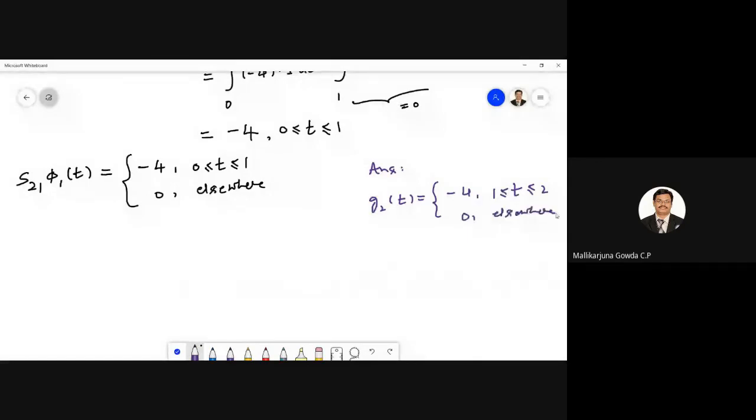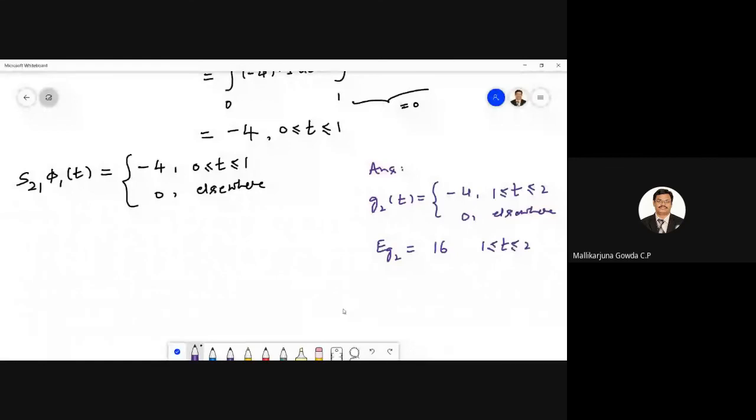Once you find G2 of t, you can find EG2, the energy of the signal, which will be 16 over the interval 1 to 2. Then in step 3, we need to find G3 of t, which involves 3 terms: S3 of t minus S31 pi 1 of t minus S32 pi 2 of t.